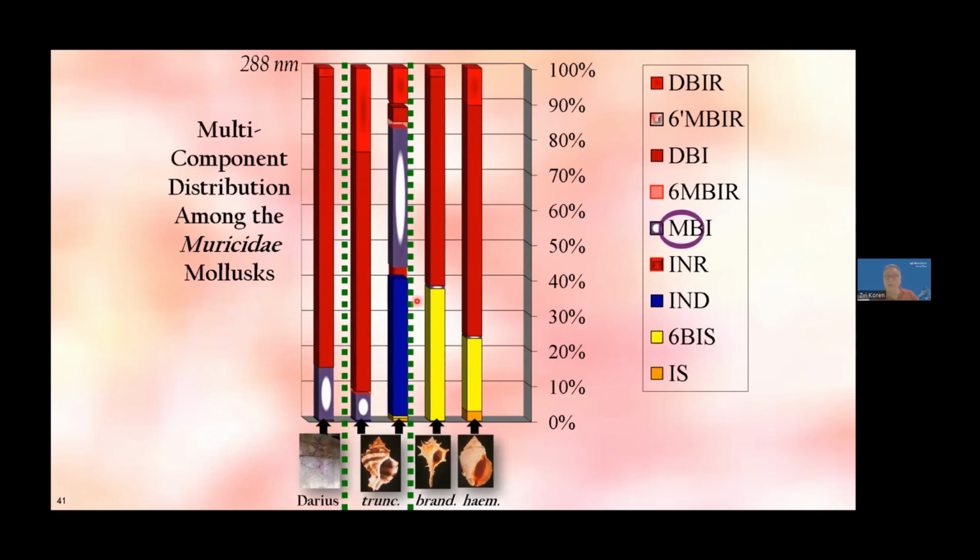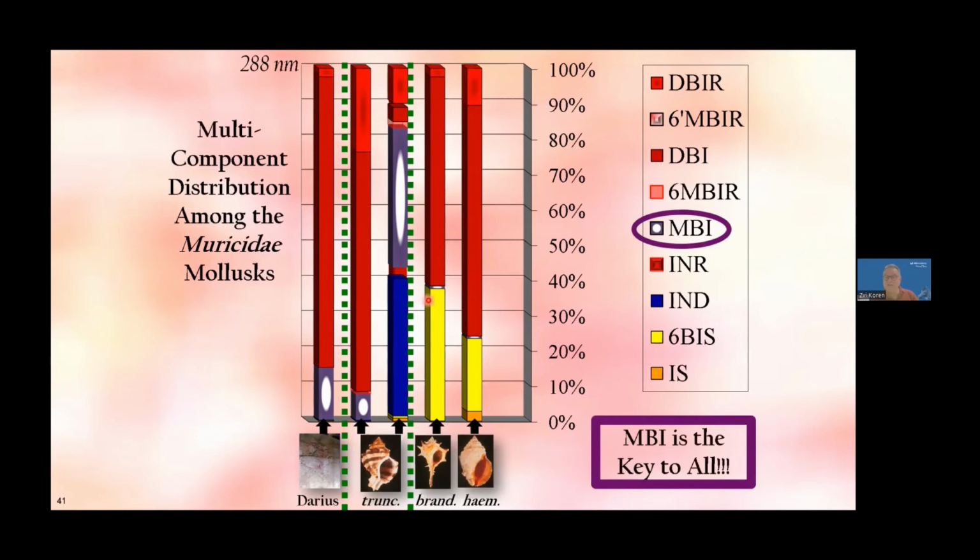And when you look at it, without doing a fancy statistical analysis, I know there are very nice statistical analyses like principal component analysis and others that I've also done and spoken about. But when you look at it, you notice, wait a second, the common denominator, the common dye among all of these is monobromo indigo. Monobromo indigo is the key to all.